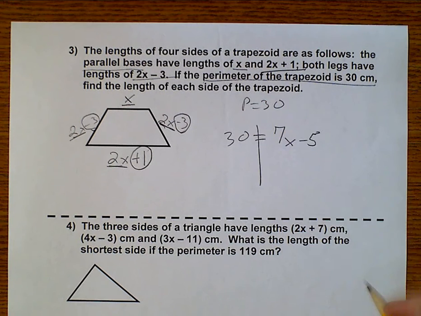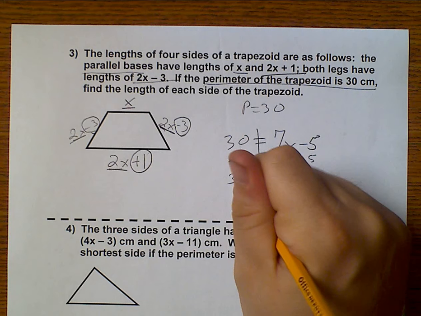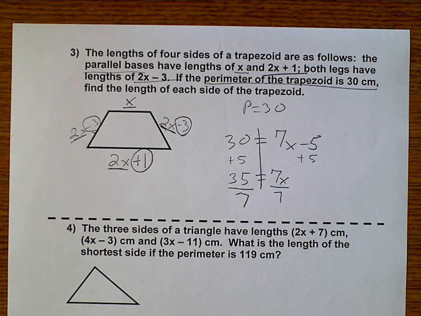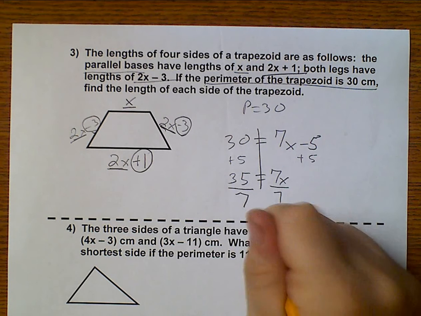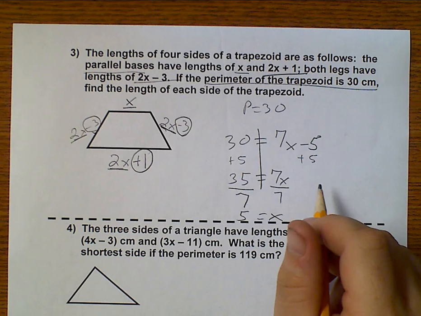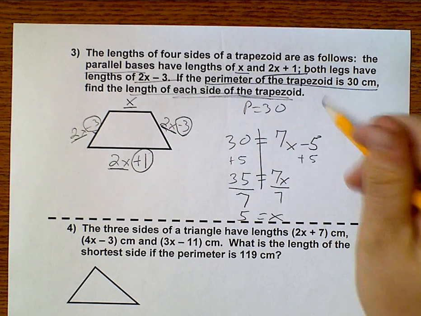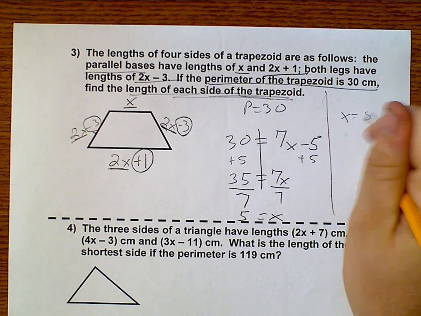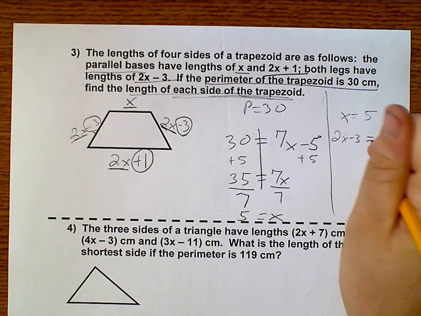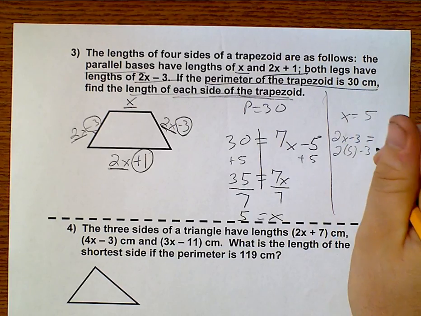Go ahead and solve. Add 5 to both sides. I get that 35 equals 7x. And then I divide by 7. And I get that x equals 5. So now I want to know the length of each side. Well, x equals 5. 2x minus 3, that would be 2 times 5 minus 3, is 10 minus 3 equals 7.